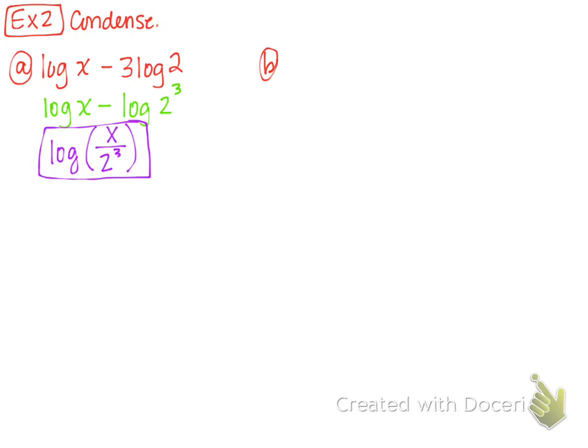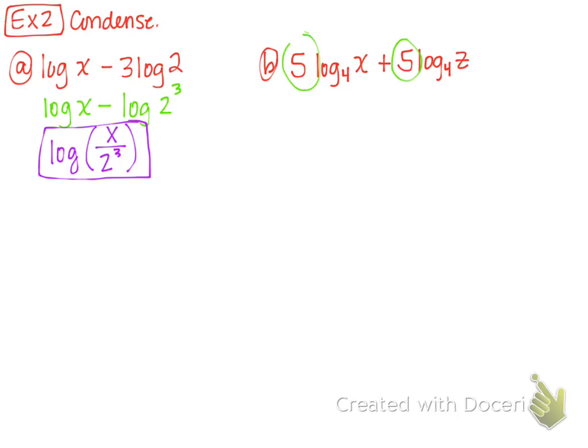Let's do another example. For this example, we have 5 times log base 4 of x plus 5 times log base 4 of z. So for this one, unlike the first one, we have a number out in front of both of them that's the same.